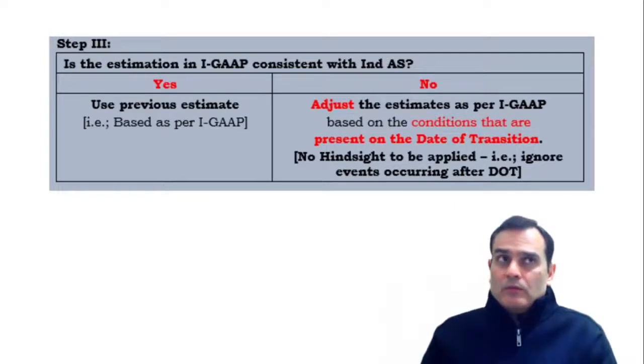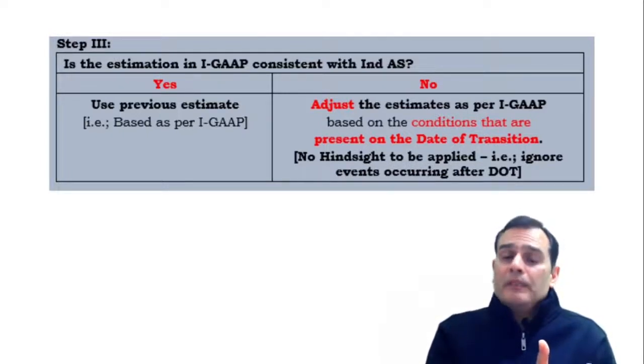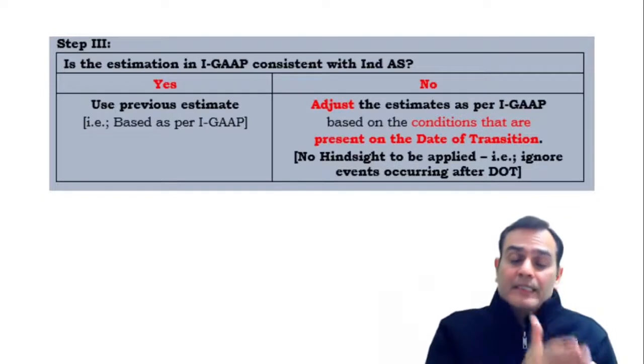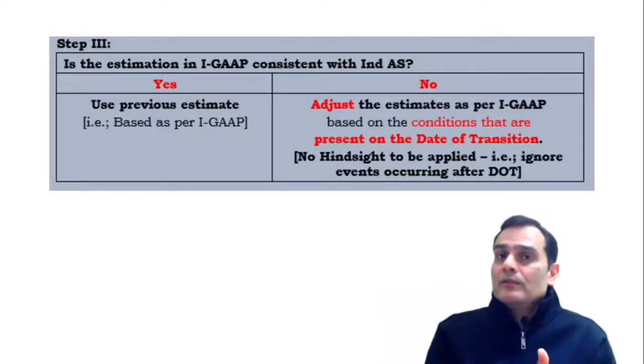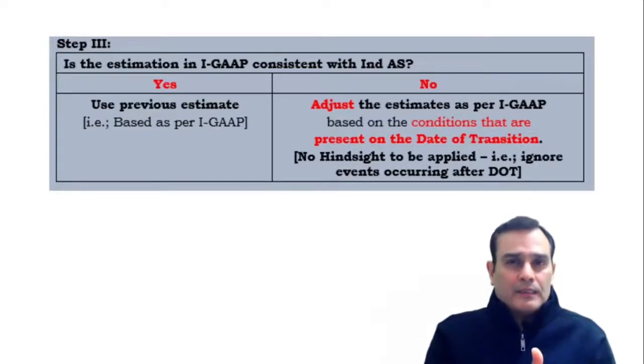So to put it in a nutshell, when you're considering your opening Ind AS balance sheet, you need to see, as far as estimates are concerned, did you make estimates in the previous GAAP? No, please make them. You said, yes, I made estimates. I said, okay, let's go to step number 2. And that is, any errors in those estimates? Yes, please make the estimates again.